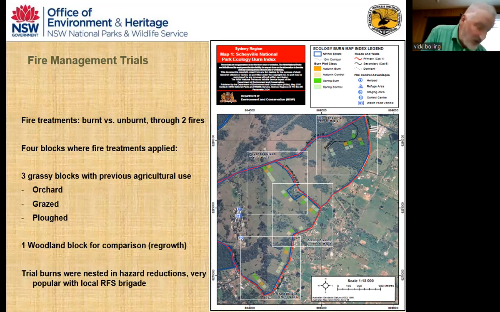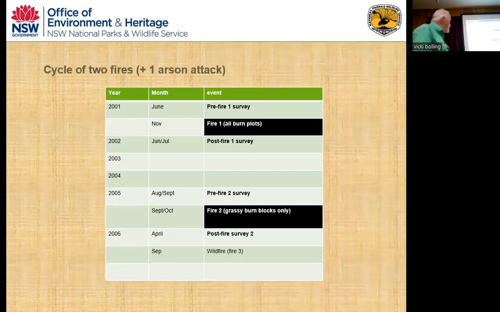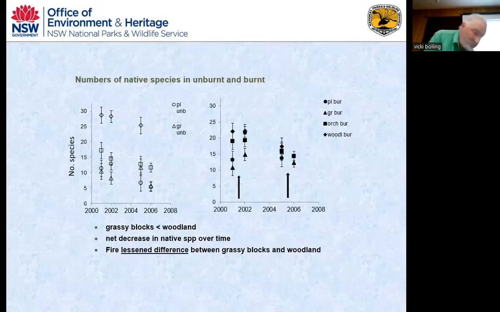And what we did was we burnt blocks and left other blocks unburnt and monitored what happened over time. And we did a pre-fire survey, we did a fire in all the burn plots, we did a post-fire survey, and then 3 years later we did another pre-fire survey, another burn, and a post-fire survey.